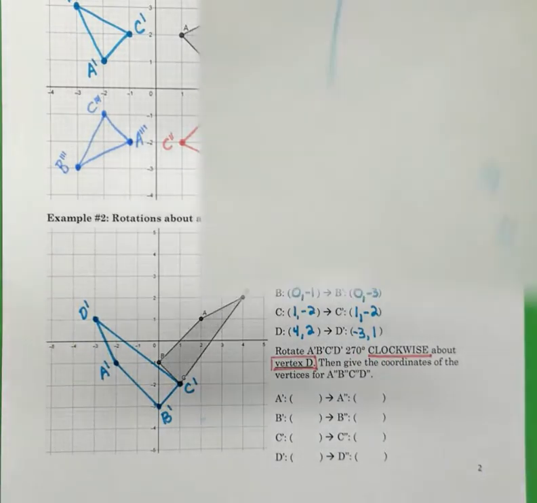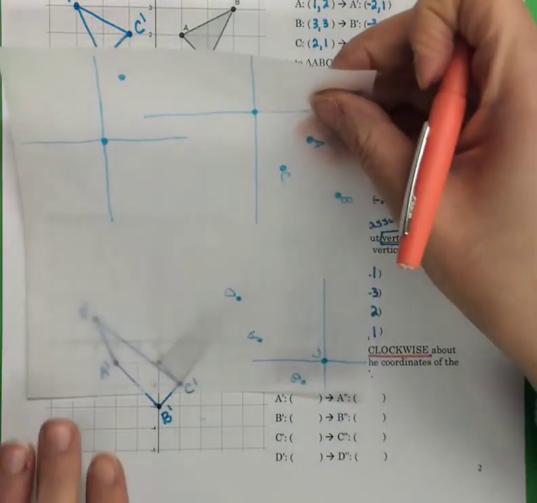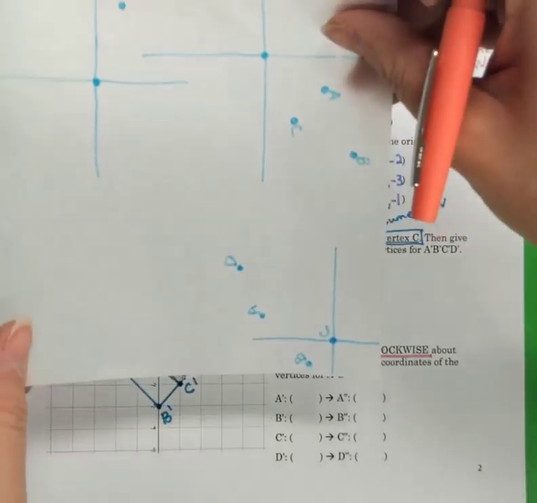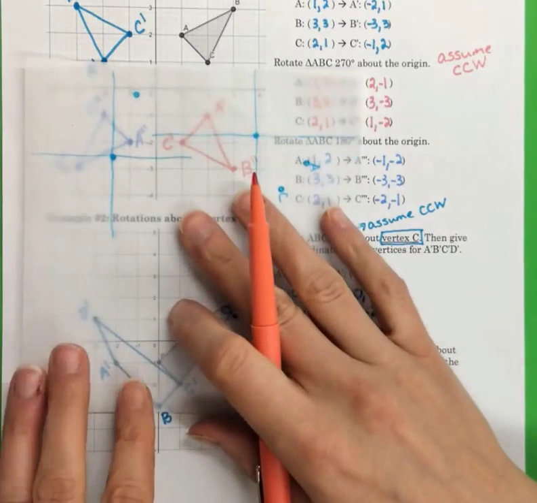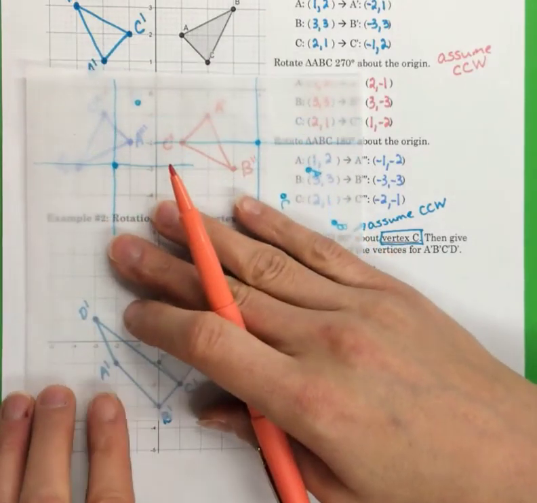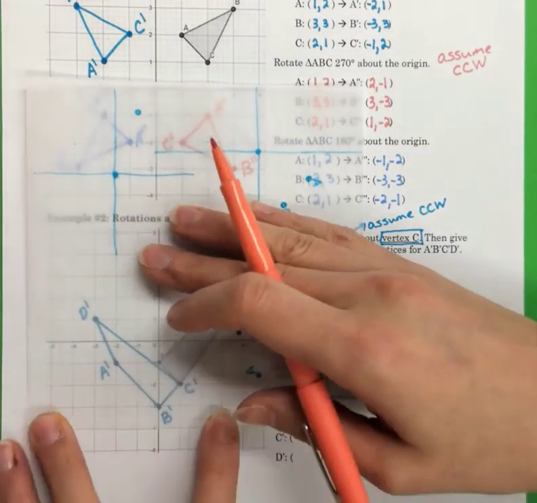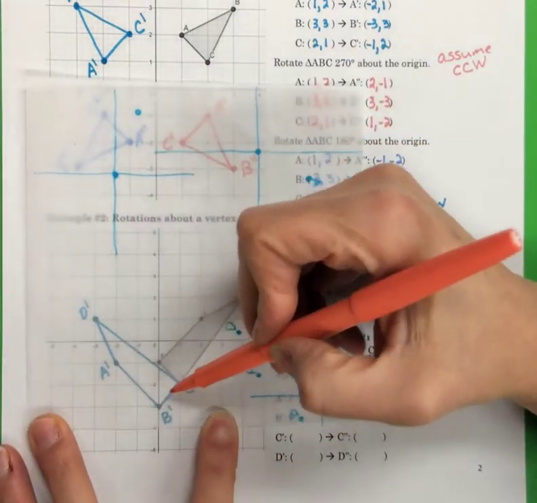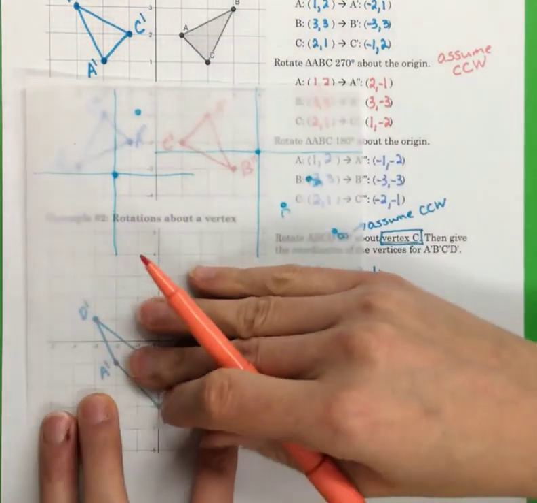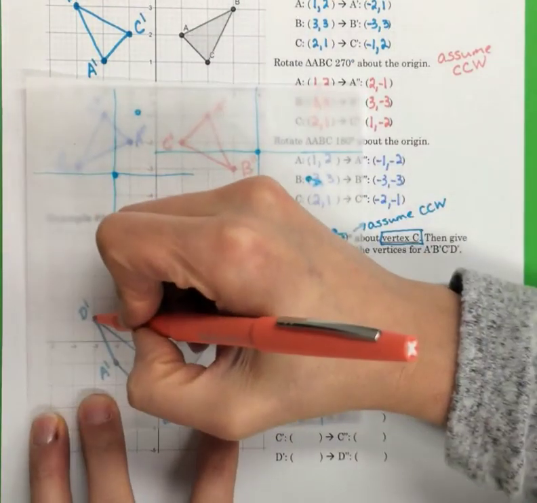Okay, so I'm going to take the last corner of my paper, and if you need an extra sheet, just ask. I'm going to put my paper on top of point D. I want to make sure that my patty paper is able to cover all of the points that I'm going to be tracing. So point D, vertex D, is right here.